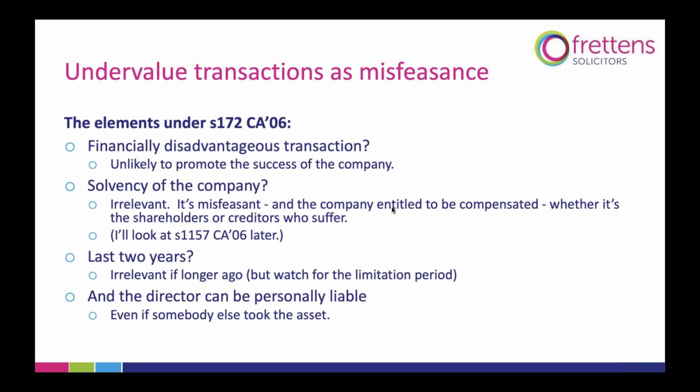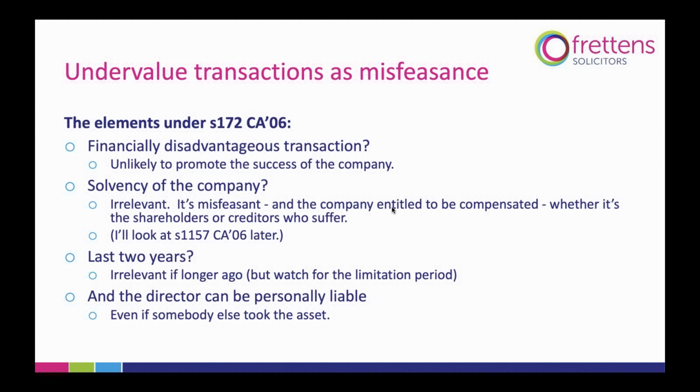Now, there is a connected party presumption. If the asset went to a mate of the directors, then you can assume that the company was technically insolvent, but you really do need evidence to support that, because otherwise the director will deny that the company was insolvent, bung some flimsy evidence in your direction, and unless you've got something with which to refute it, you've then got a problem.